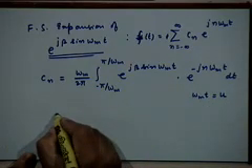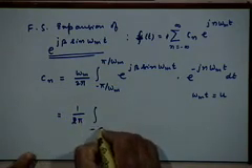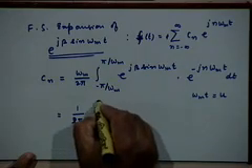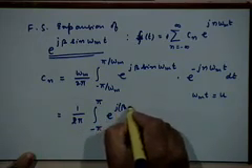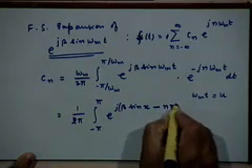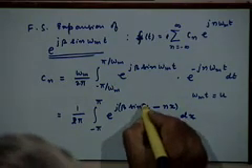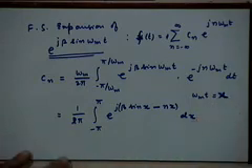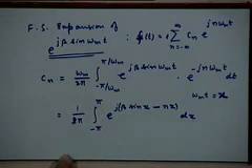So this will become 1 by 2 pi, integral from minus pi to plus pi of e to the power j beta sine x minus n x dx. Right?